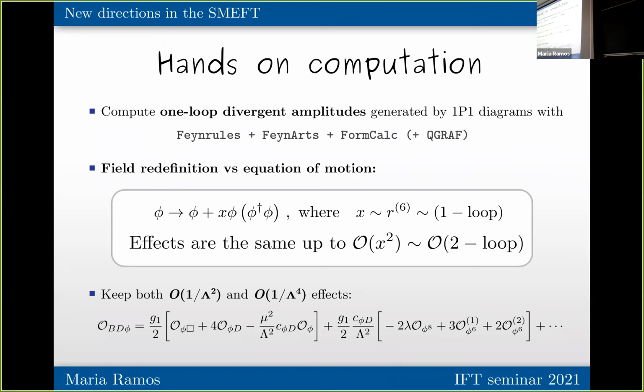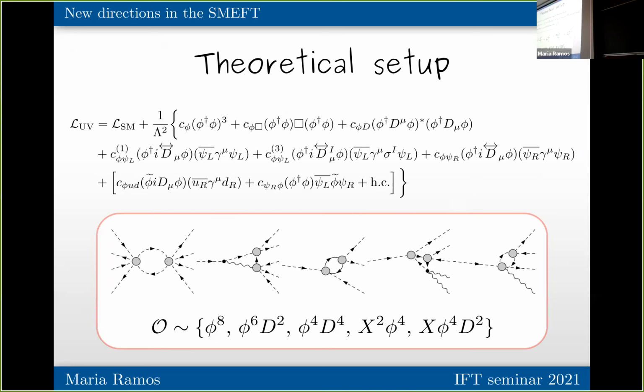Given this, if there are no questions, I can resume our theoretical setup and our results. Like I told you, we are considering dimension 6 interactions which can be generated at tree level by the UV. This comprises a set of three operators involving only Higgs and derivatives, plus another five which involve Higgs and fermionic fields.